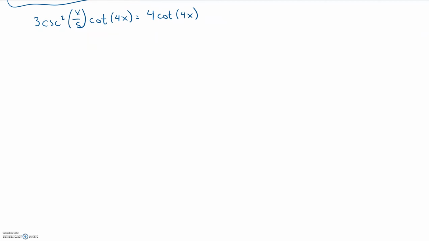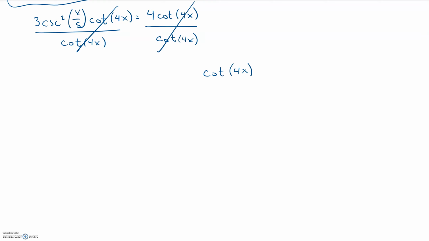Now I know I'm not allowed to completely divide information away because then I lose that information, but I am allowed to divide by a variable term if I also set that variable term equal to 0. So what I'm left with is 3 cosecant squared x over 5 equals 4, and cotangent 4x equals 0.